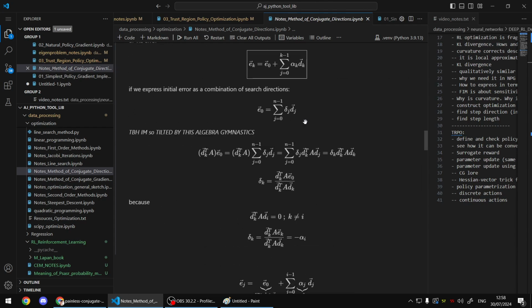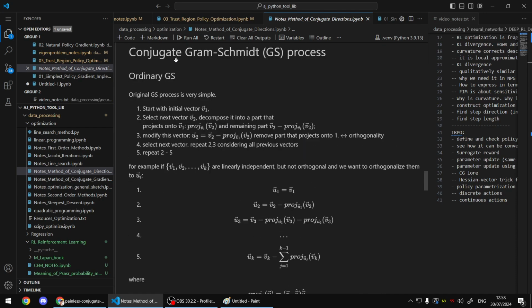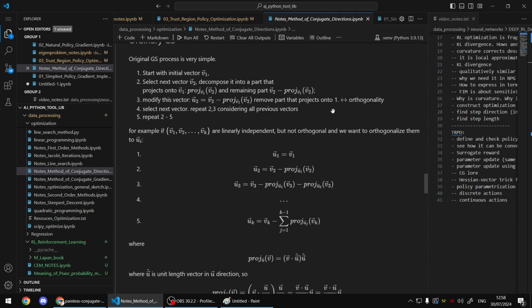And maybe you remember there is a procedure called Gram-Schmidt orthogonalization, where we get a set of vectors that span some space, take one of these vectors first as a reference or starting point, and then for every next vector we decompose it into parallel and perpendicular parts of our original vector, and we subtract all the parallels, so by this construction it leaves only perpendicular parts.